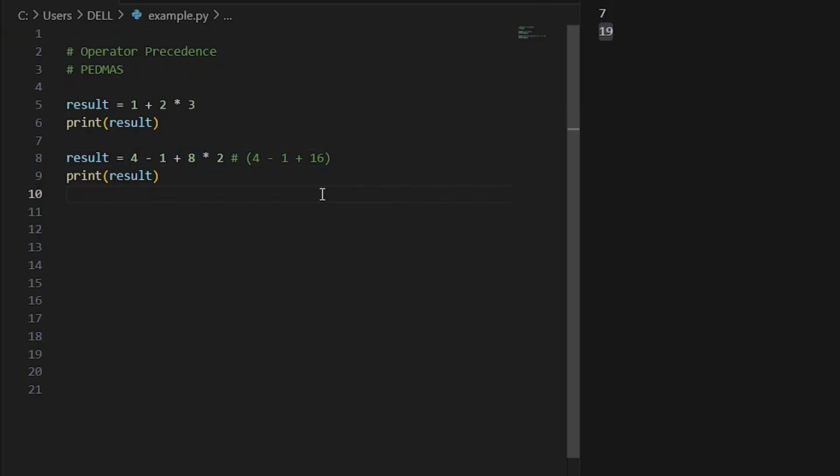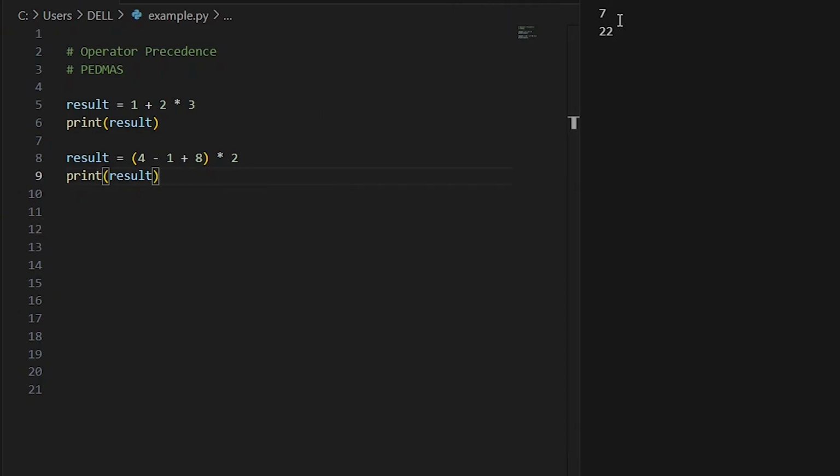Another thing you have to take into consideration is when you have an expression like this and you want to force Python to evaluate it in a given way. For instance, you can enclose 4 minus 1 plus 8 inside a parenthesis. This way you get 4 minus 1, which is 3, plus 8, which is 11, multiplied by 2, which will give you 22.